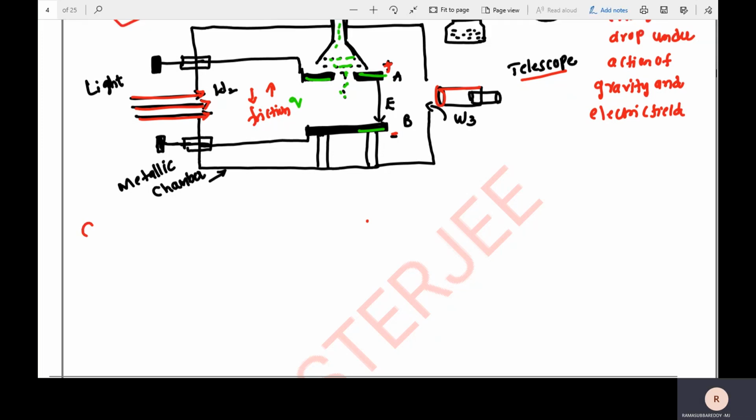Okay, now we'll see the concepts. First, case one: we will see without electric field, in the absence of electric field. What will happen?